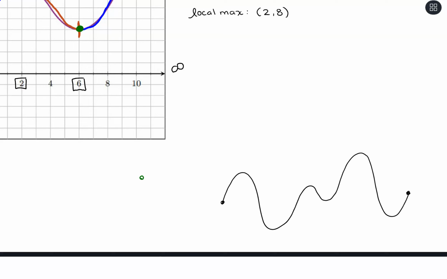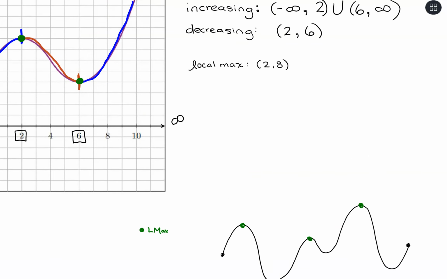And if I wanted to show each of the local maximums, this would be one, this would be one, this would be one, and that would do it. So each of those points would be local maximums because they're creating this peak within a short region around it. So we could list multiple coordinates for that scenario.